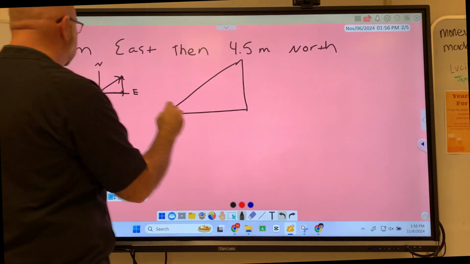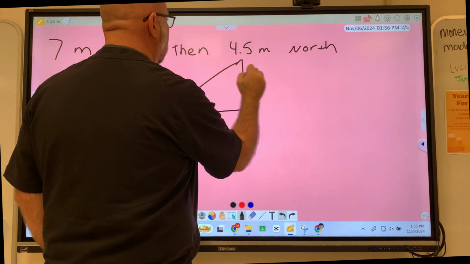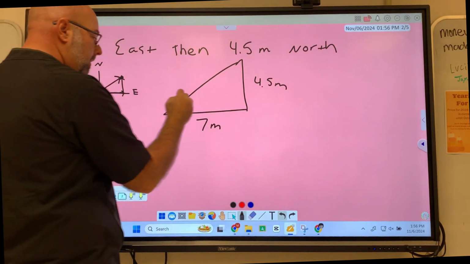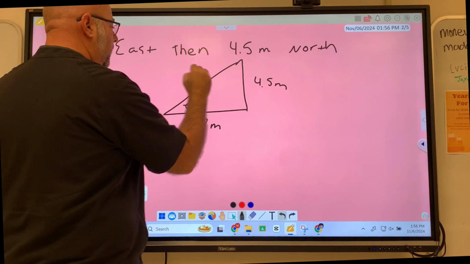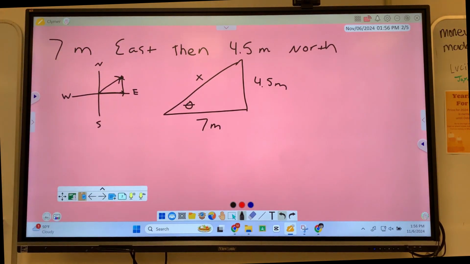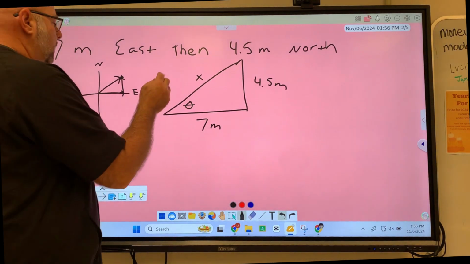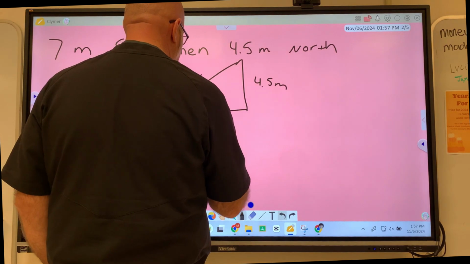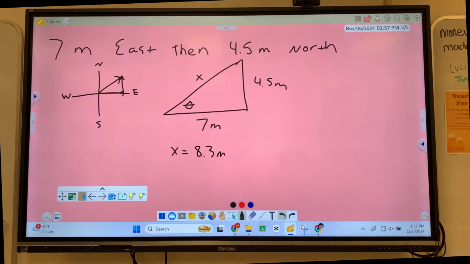I went 7 meters here, 4.5 meters here, trying to find this and this. So Pythagorean theorem, what do we get for x? 8.3 meters.